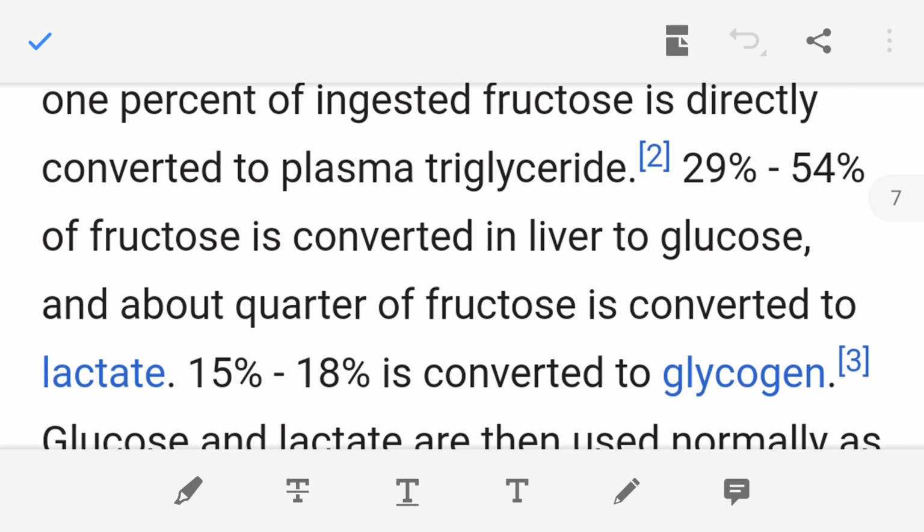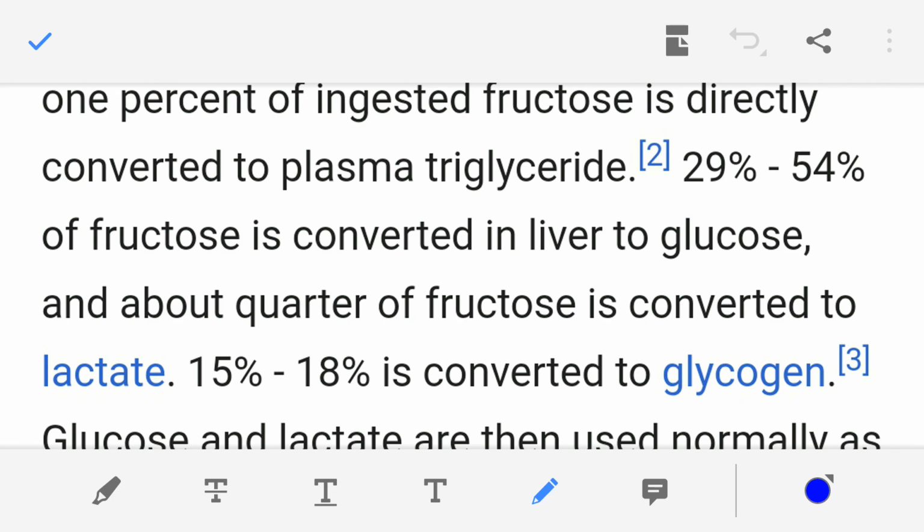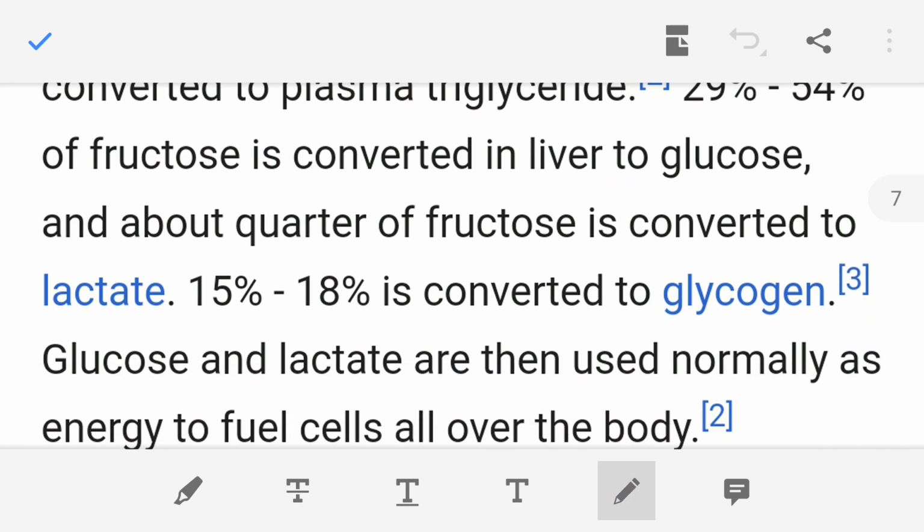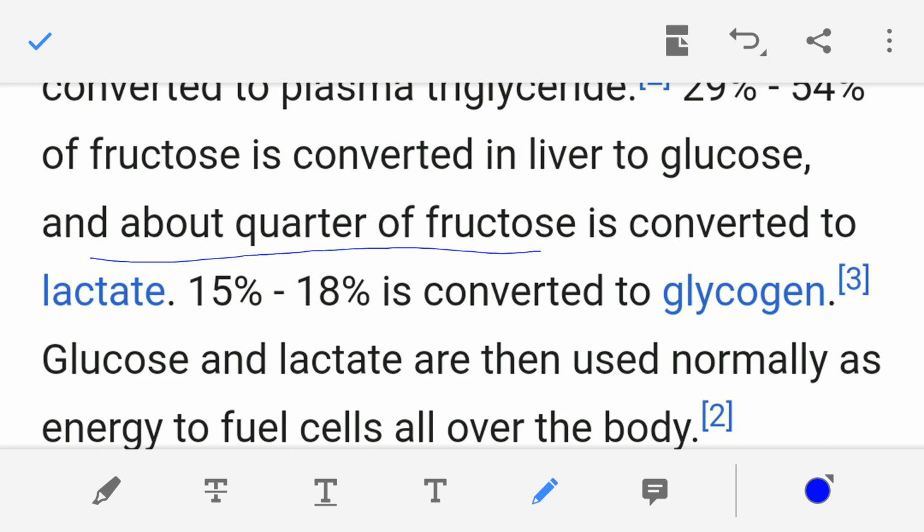Then 29 to 54% of fructose is converted in the liver to glucose. So in the liver, we are remembering this, fructose is converted into glucose, 29 to 54%. And about a quarter of fructose is converted to lactate.